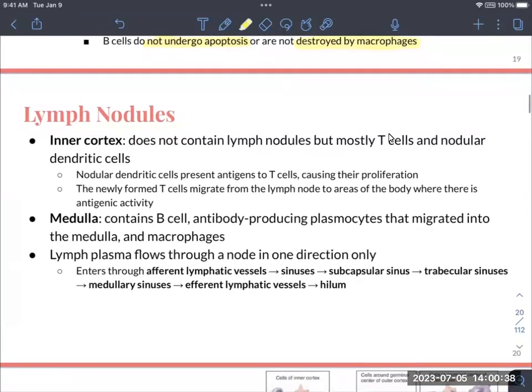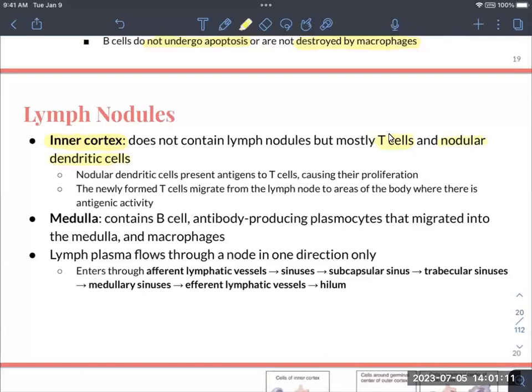On the inside of these lymph nodes or nodules, in that cortex, we have T cells and those nodular dendritic cells, because those dendritic cells are going to present. When they present some sort of antigen within that lymph node, B cells become those memory cells.